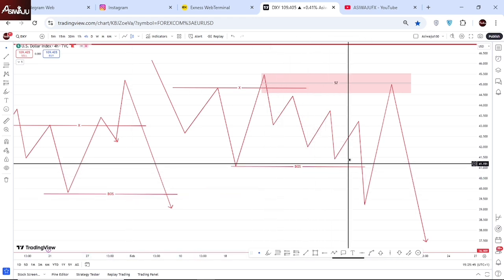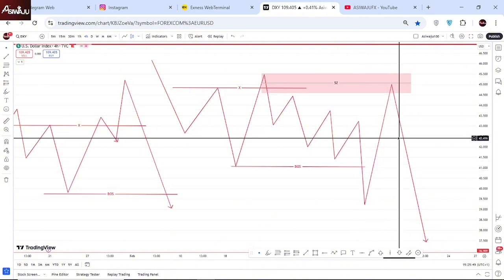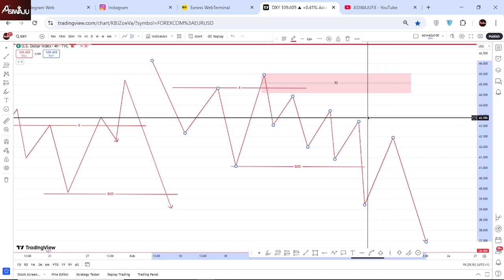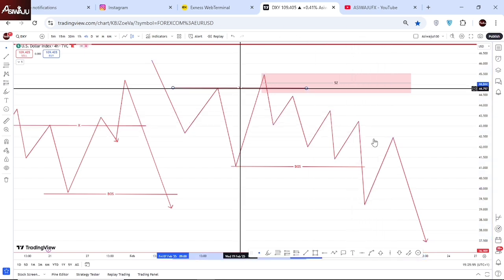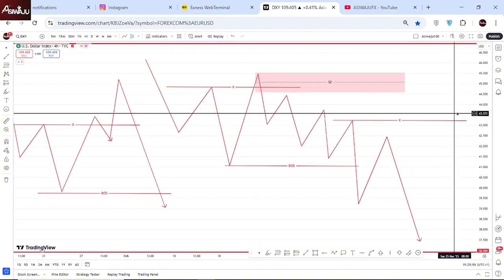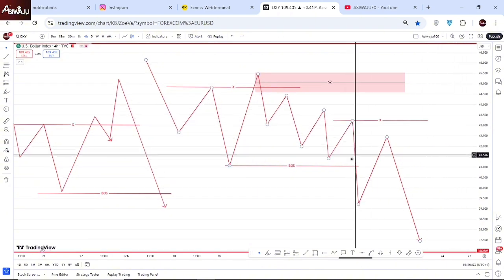So immediately price breaks this low here. Where is our inducement? Our inducement is right here. This first pullback we have, before the break of this structure.